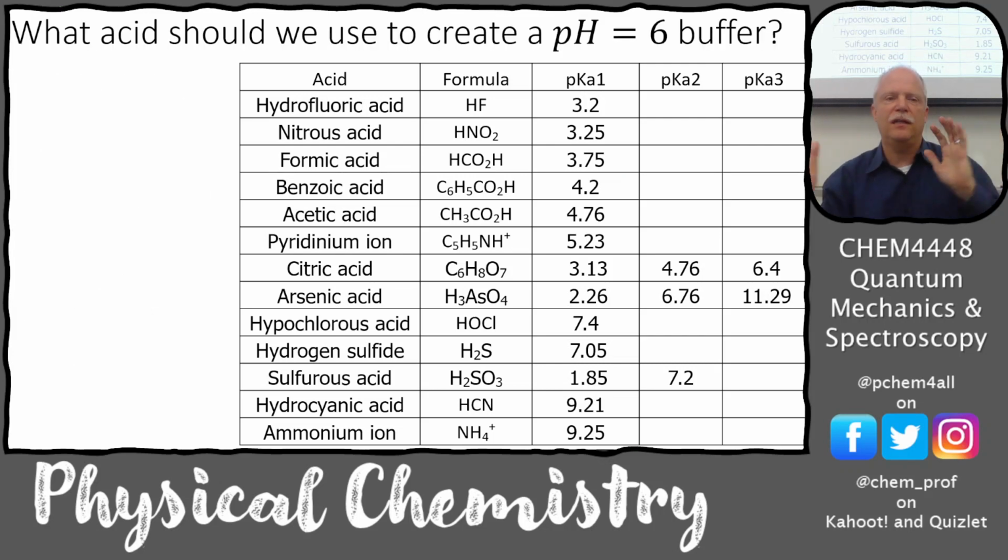So let's practice. Which acid should we use to create a pH 6 buffer? What are our options? So this one's 5.23. 6 minus that is going to be 0.77, so that's 0.77 low.